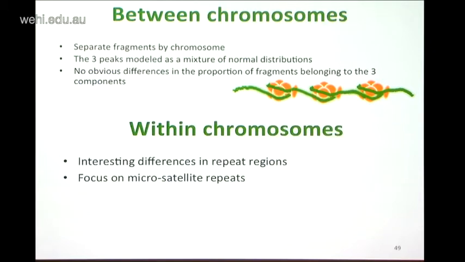But when we started looking along the chromosome, we started noticing some interesting signals. So we narrowed down our analysis to look at the differences of fragment length in the repeat regions. And today I'm going to just introduce what we've seen in fragments that come from microsatellite repeats.